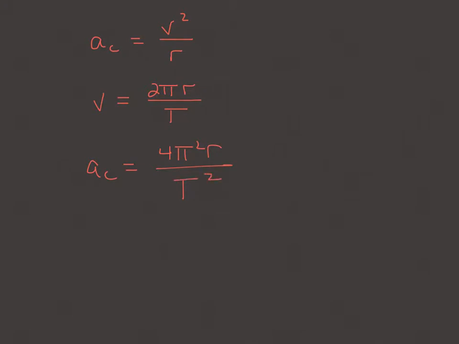So we're going to have to use these ones specifically because we're going to have the force equals m times a. This is not used very often, especially since we should know this equation.